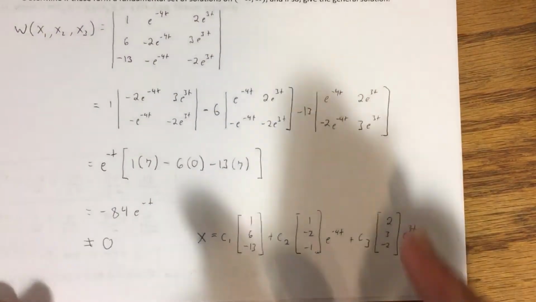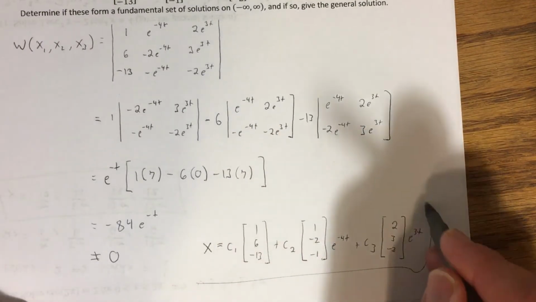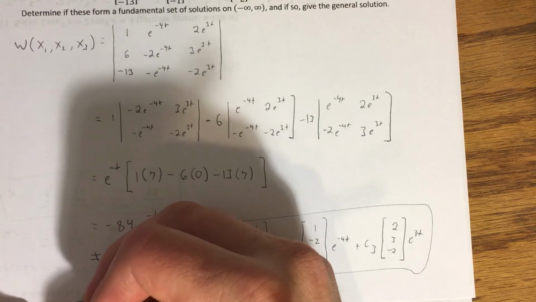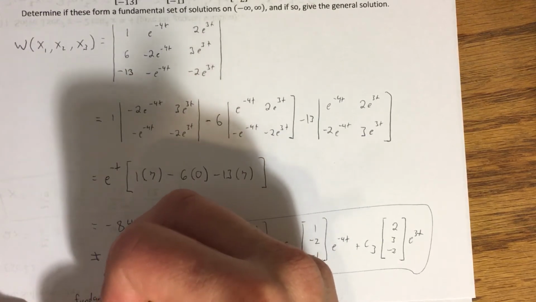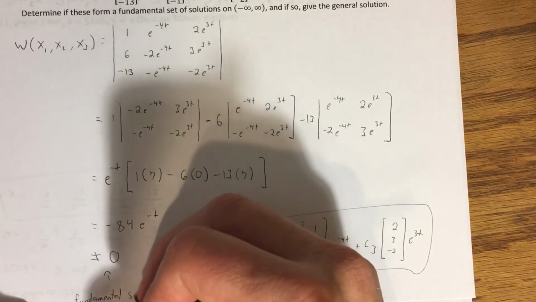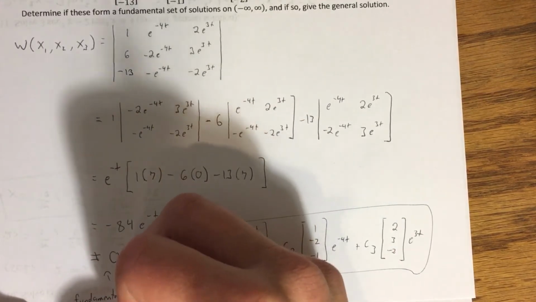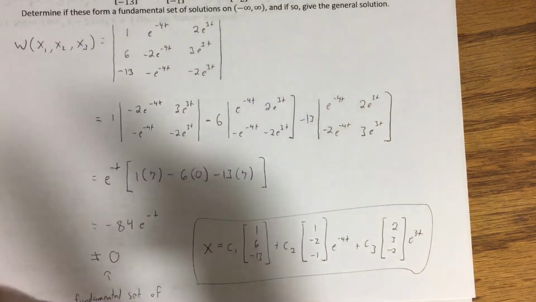Okay? So I'm going to call it my set of solutions, and I'm going to say that this implies that we have a fundamental set of solutions, because that establishes linear independence there.